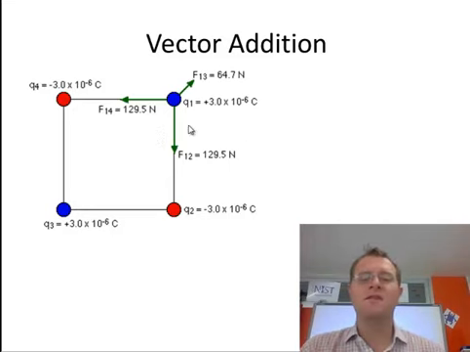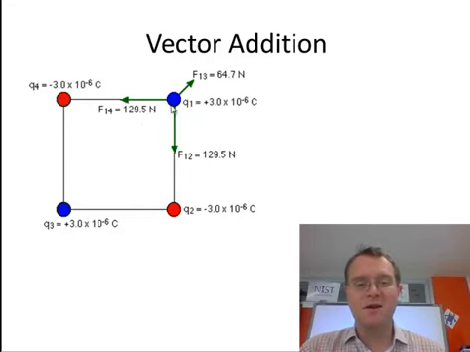In this situation, we're lucky, because as the force between Q1 and Q4 is equal in magnitude but at right angles to the force between 1 and 2, we can work out the resultant force just by using Pythagoras. So we have the force squared plus the force squared, and the square root of that should equal the resultant force going at 45 degrees to those two forces.